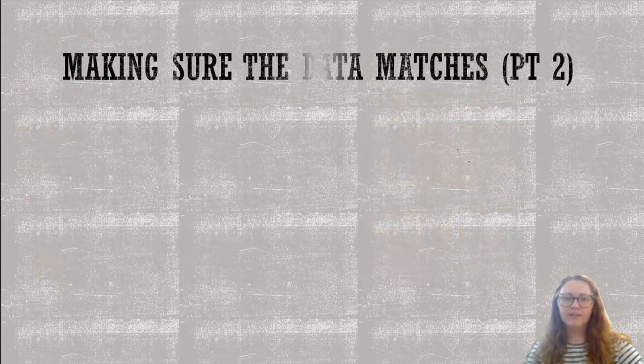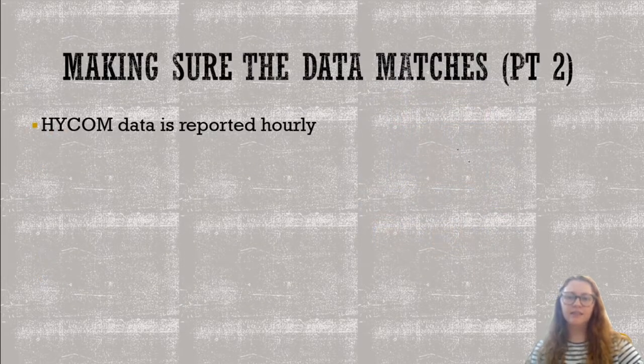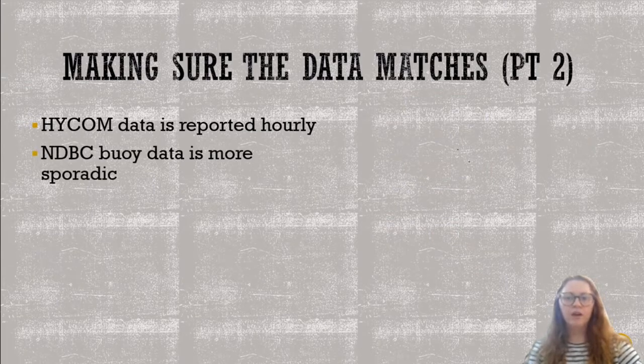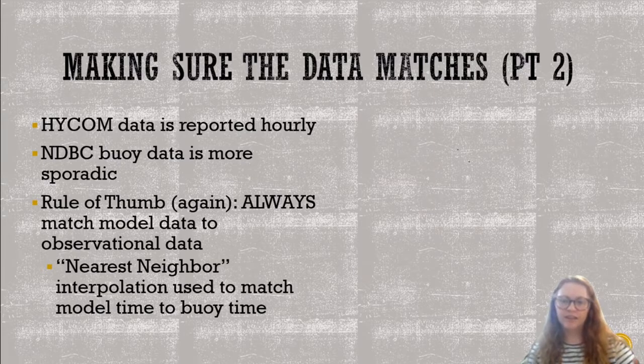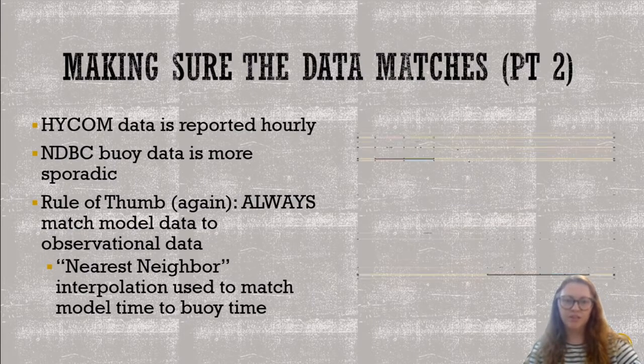The next issue, however, is that HYCOM data is reported hourly, and it's pretty consistent, whereas NDBC data comes in more sporadically, so it doesn't always get reported every hour on the hour. In order to rectify this situation, like I said, we match model data to observational data, and this is done through nearest neighbor interpolation.